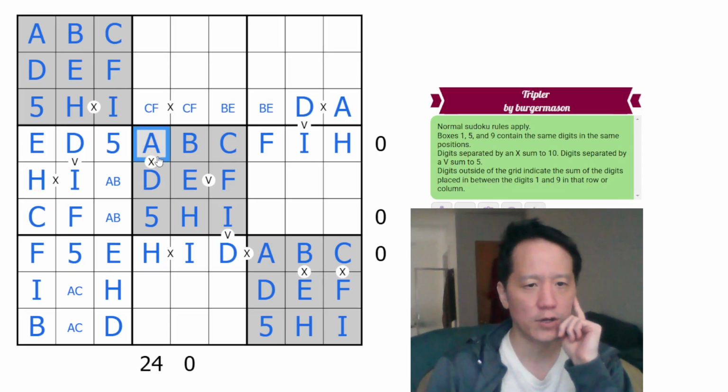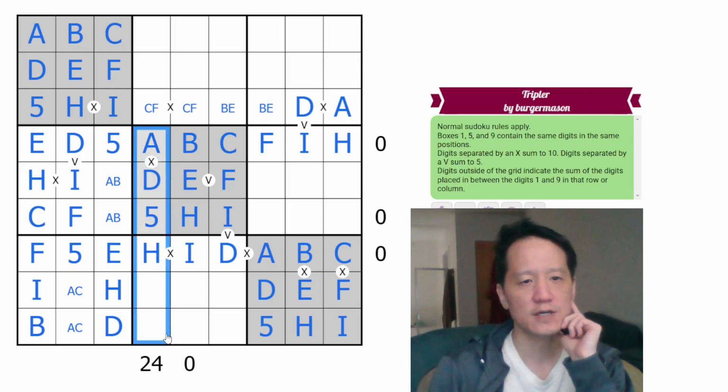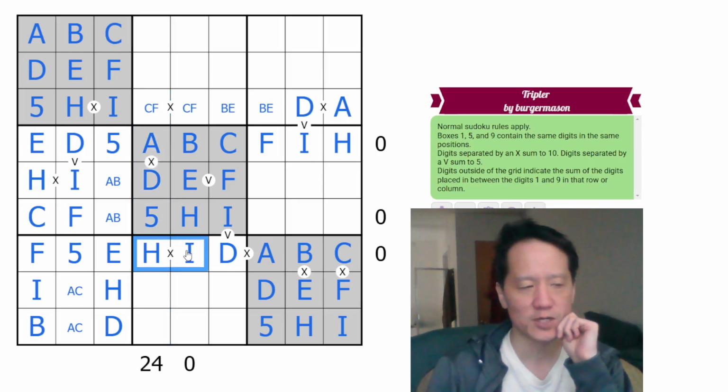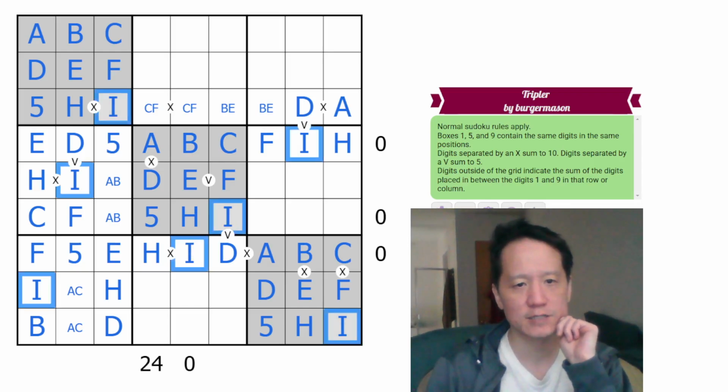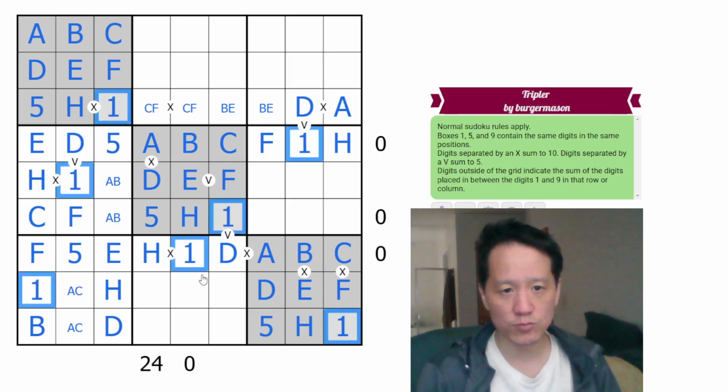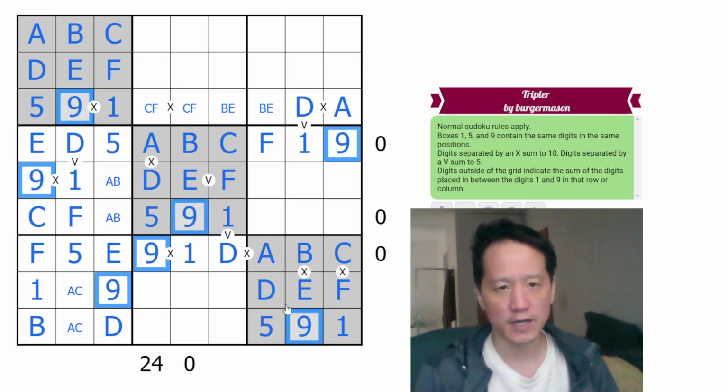Well, we know A and D cannot be the ones consecutive because the sum of the digits between 1 and 9 in this column is 24. So H and I specifically must be 1 and 9. And I has to be the 1. So I is 1 and H is the 9.